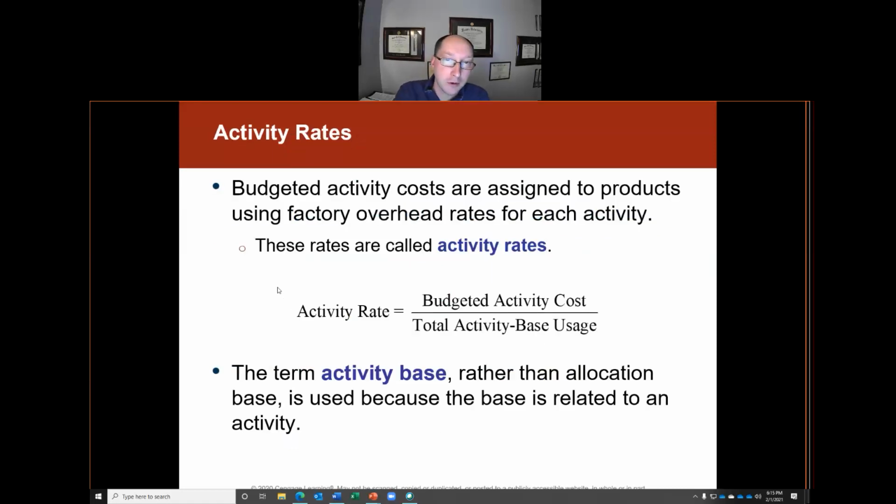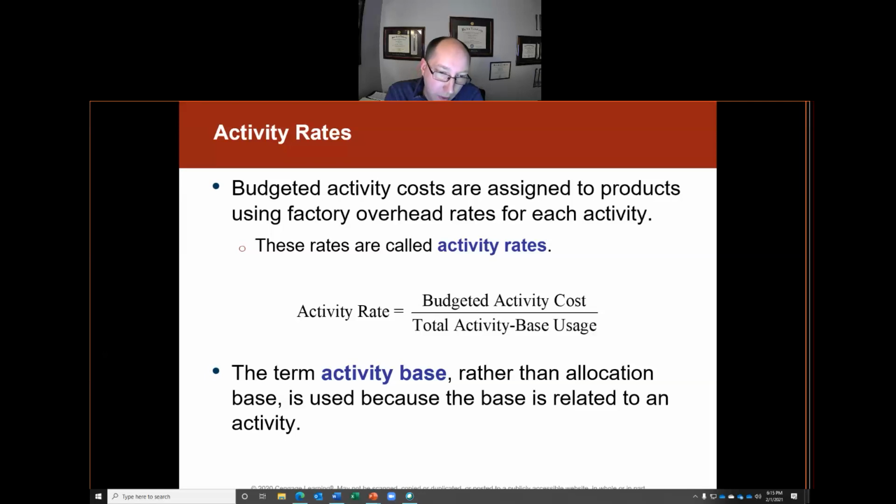Okay. Each activity has its own rate. So the budget activity costs are assigned to each activity. We call these activity rates. The activity rate, we take the budgeted activity cost and we divide by the total activity-based usage.